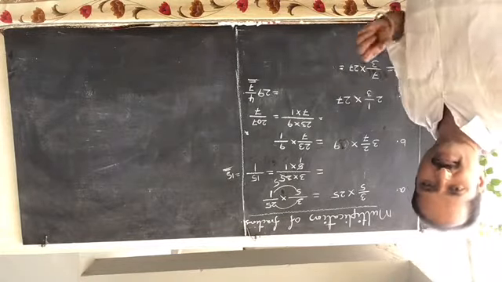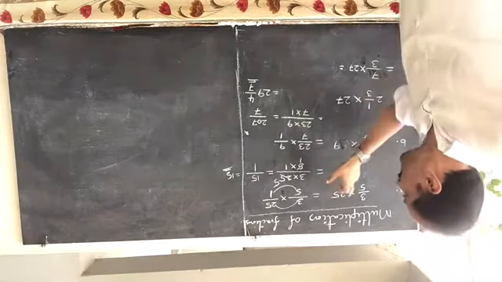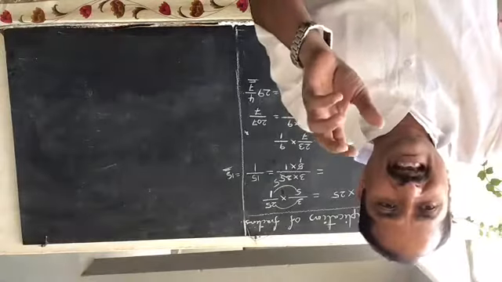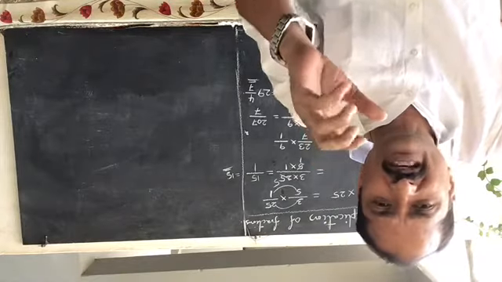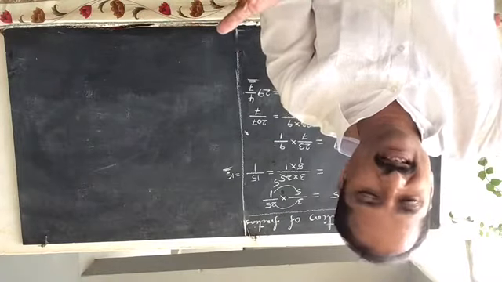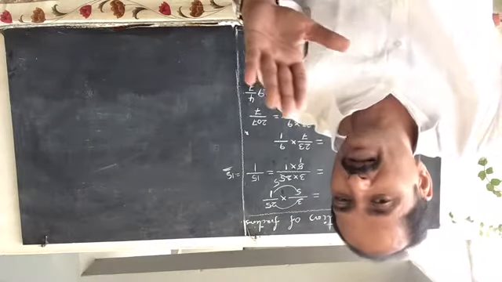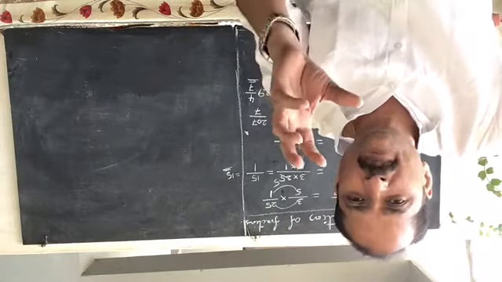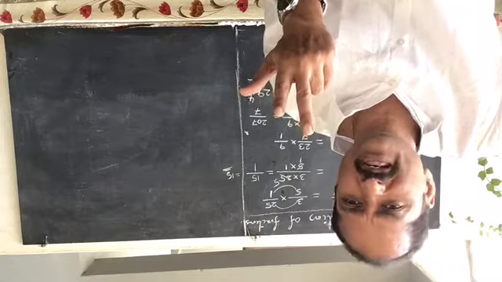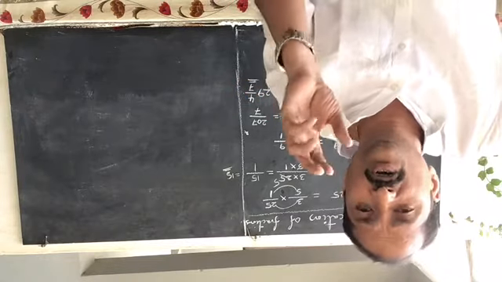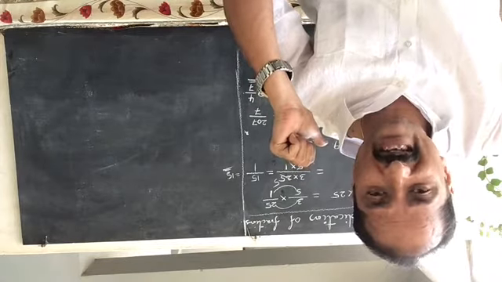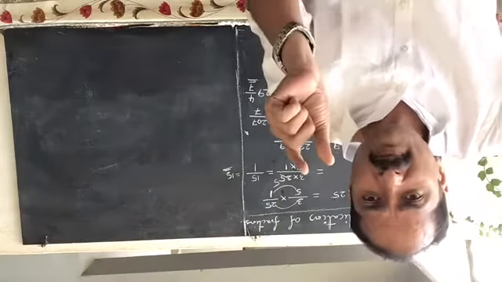This is the property as well. In the first two examples we converted the whole number as a fraction. But no need to convert the whole number as a fraction.